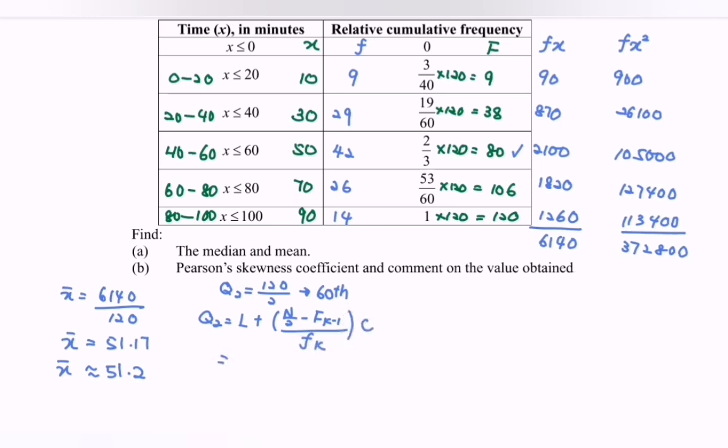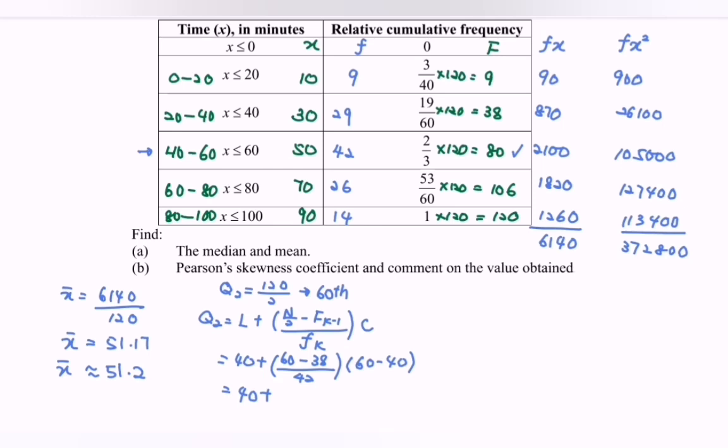The lower boundary for this class would be 40, plus 60 minus the class before, so we have 38, over the small letter f, or the frequency, which is 42. Next, the class size C is 60 minus 40. So here we have 40 plus 60 minus 38, divided by 42, and then multiplied by 20.